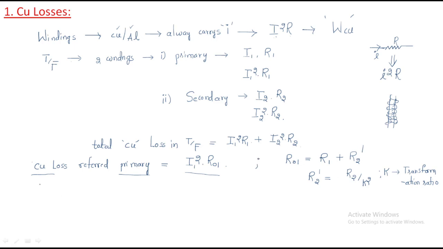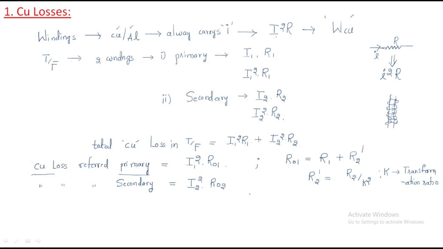We can write the same copper loss referred to secondary. If we consider the secondary winding, the formula is I2 square R02.